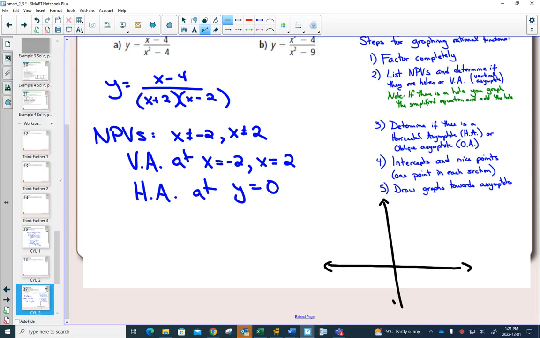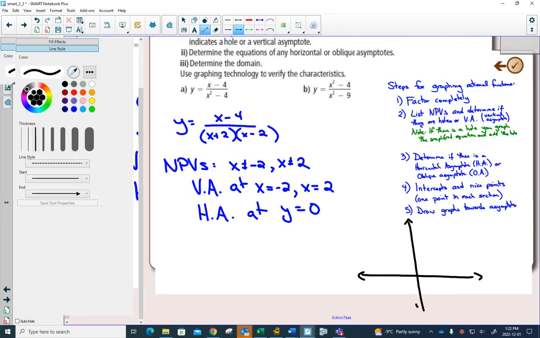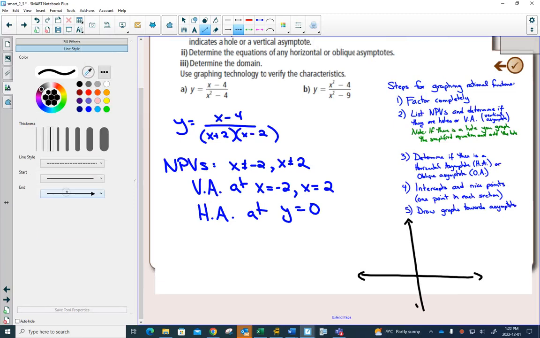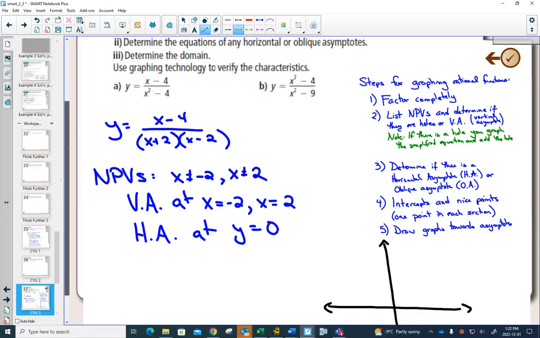I'll make an asymptote, which is going to be very helpful.